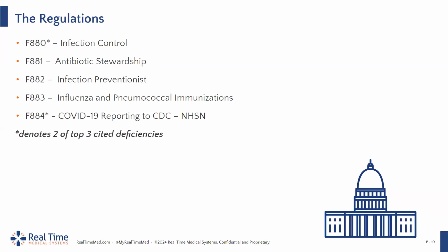So keep that in mind as well. Your infection preventionist has to be someone that is certified, and the CDC has a really great free educational training program for that certification. I'm not going to dive into too much of it today, but I did just want to make mention of that.